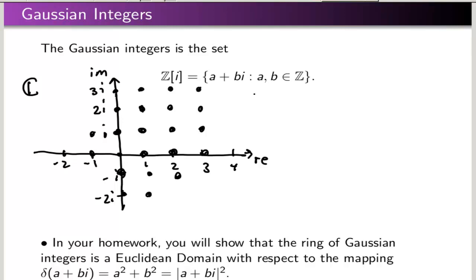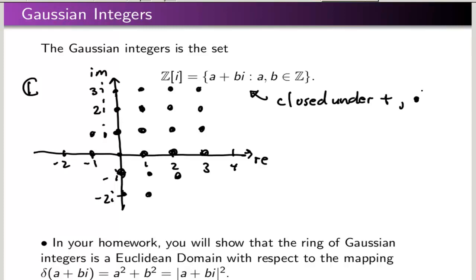And note, this is a ring. It's closed under addition. It's closed under multiplication. Being a subset of complex numbers, it enjoys all of the usual properties like associativity, distributive law, commutative laws.